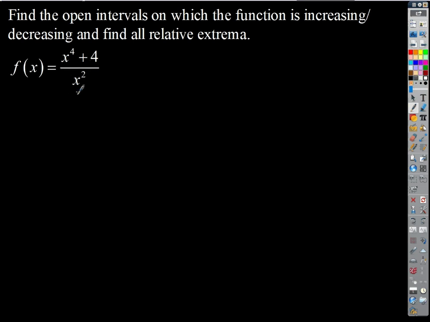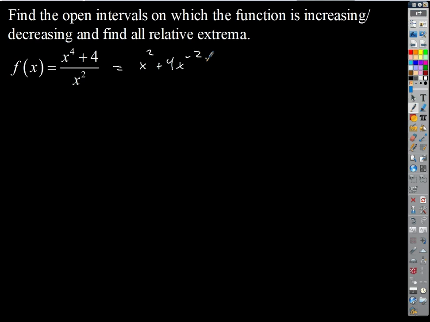We could just separate this into different terms. I could just divide each term on the top by x squared separately and get two simple power rule derivatives. So one thing I could do here, and they both would work, but this is easier, isn't it? x to the fourth over x squared is x squared. And then 4 over x squared is just 4x to the minus 2, right?